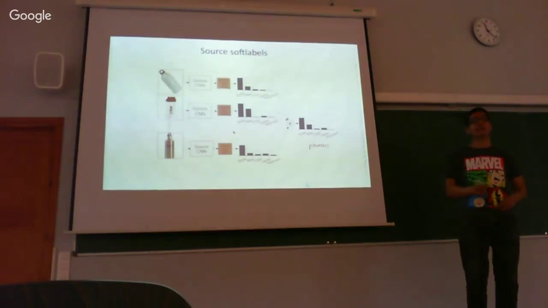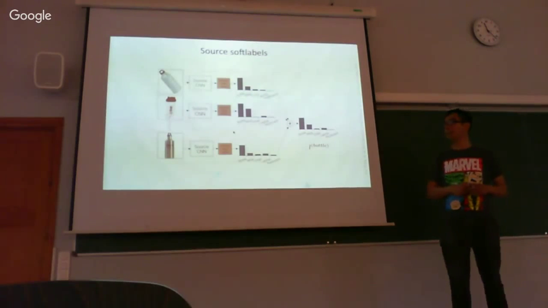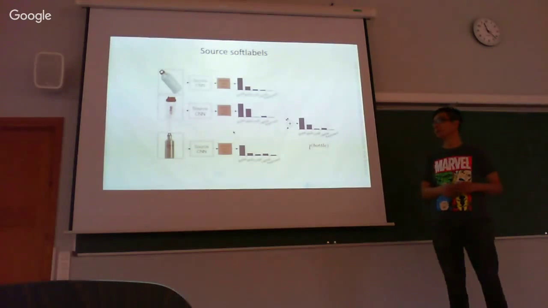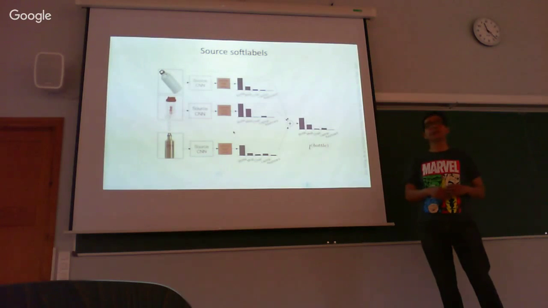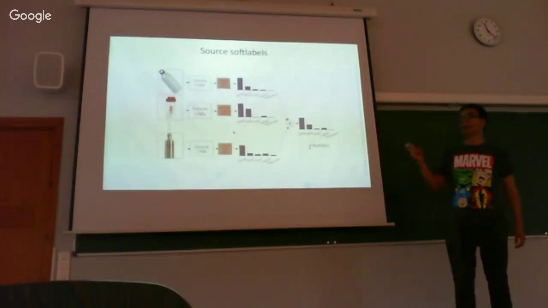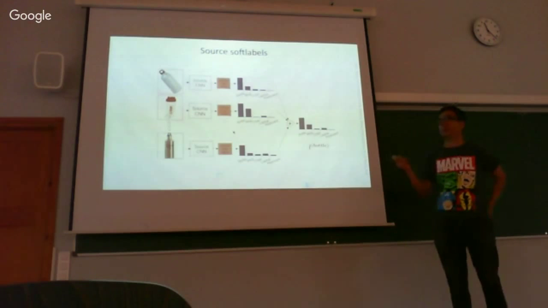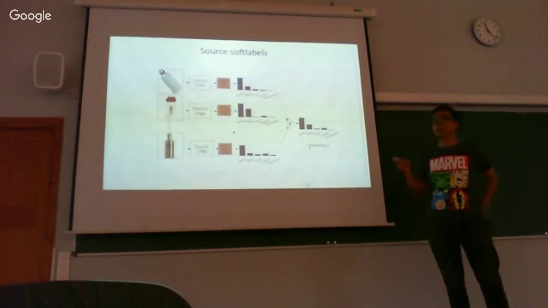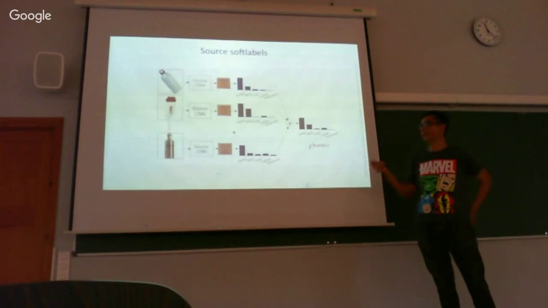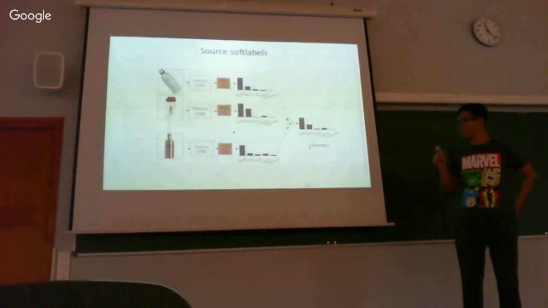So they propose another loss function. What they do first is that from the source images, they pass each image of each category through the softmax layer, and they have this distribution that is basically a probability.